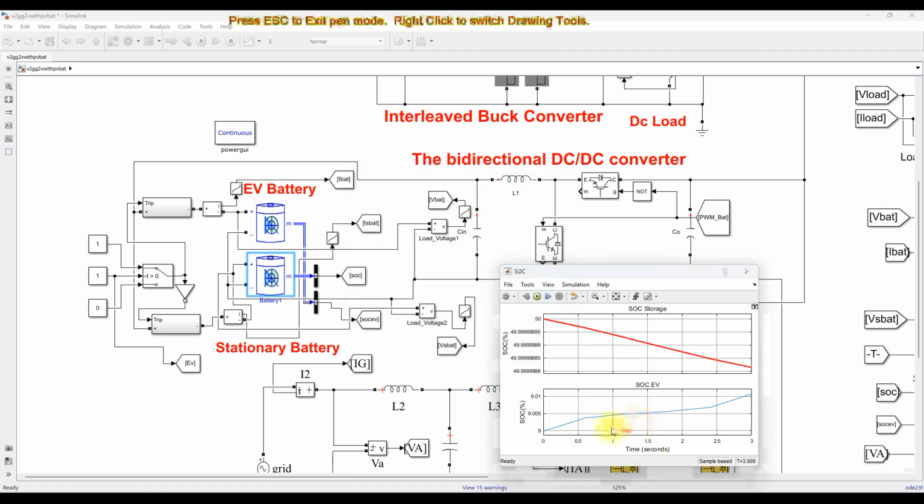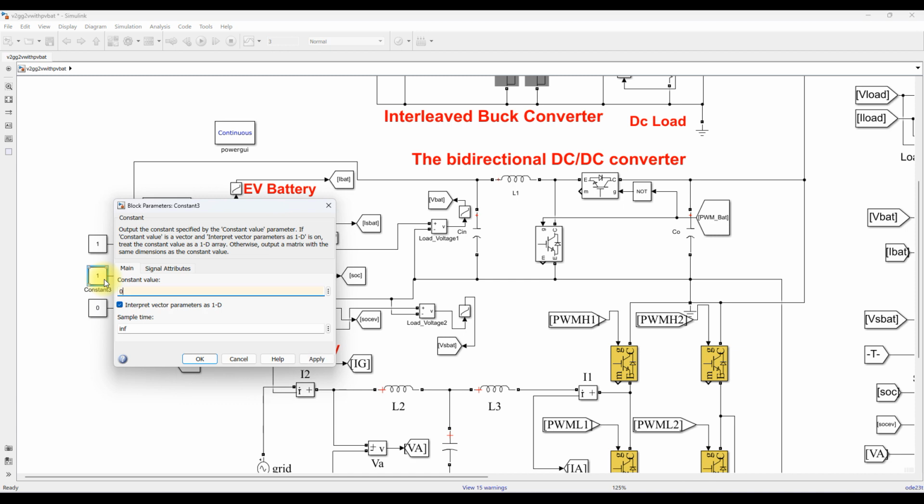Here you will see that the SOC keeps on increasing for the EV, but the SOC of the storage battery is not discharging, the discharging value is around 0.00001, like that only.